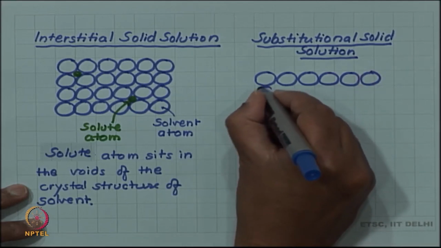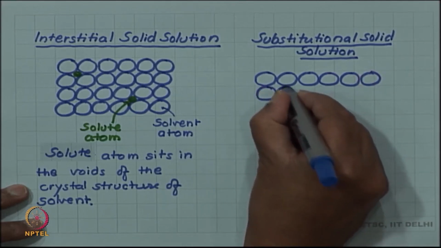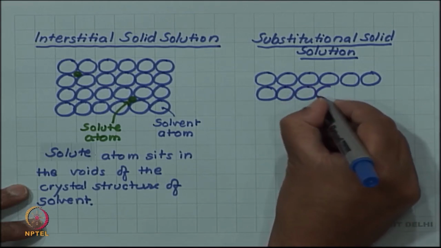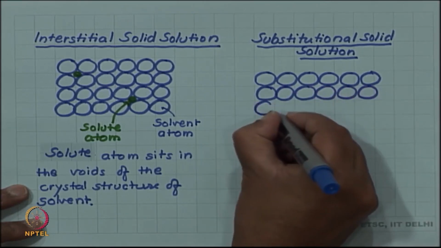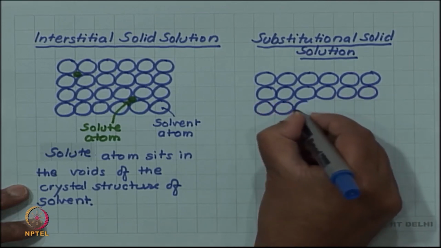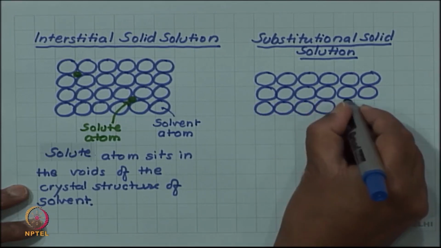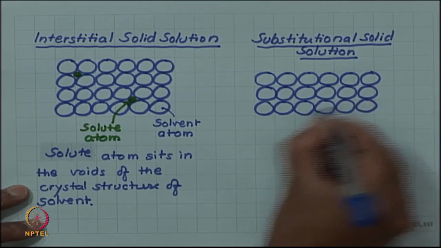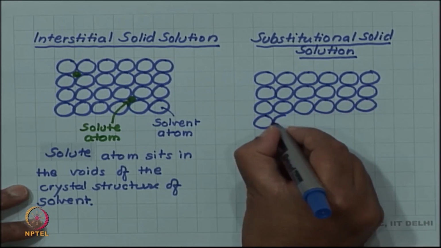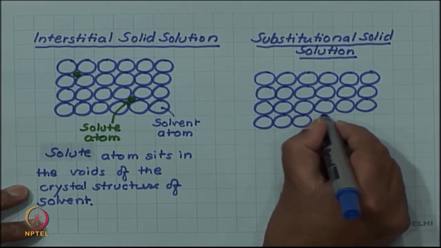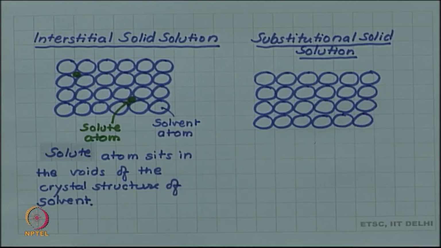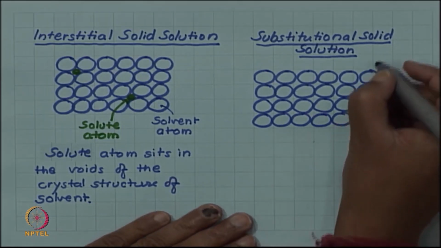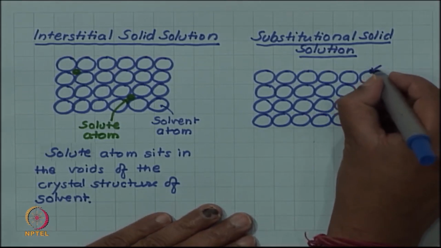Let us again start with a basic crystal structure made up of pure A atoms. Now, these are my solvent atoms.